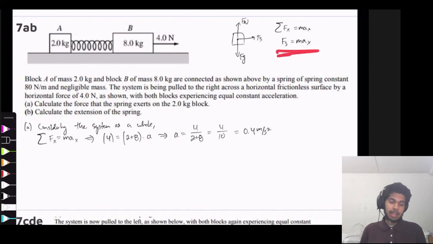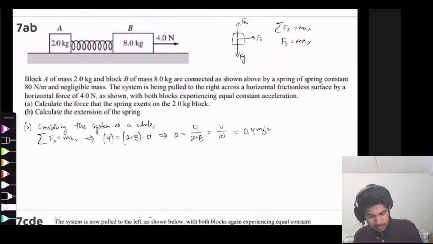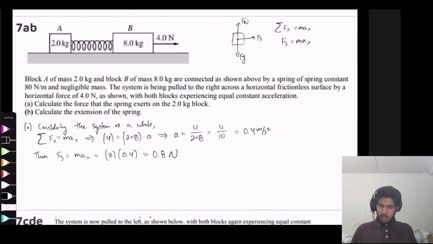So using that, we can now solve for F sub s. F sub s is equal to max, and we're looking at only the 2 kilogram block in this context, so mass is 2, acceleration is 0.4, we do that multiplication, we get 0.8 newtons. Alright, so that's part A.